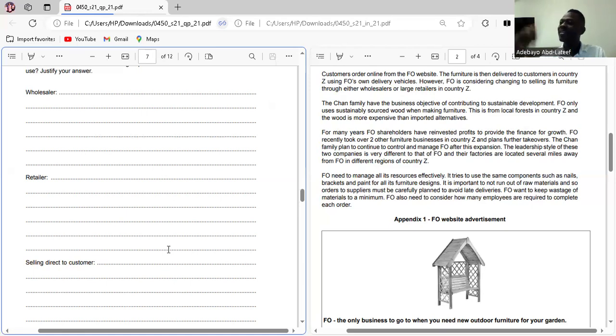Retailers don't have the same space as wholesalers. As a result, they might only have your products in their store, meaning they have to advertise because they have to sell to make profit.